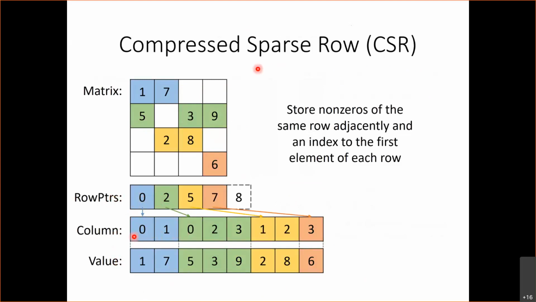So the advantage of CSR is that, given a row, it allows us to find all the non-zeros in that row, which we couldn't really do with COO. However, the disadvantage is that it becomes harder to modify the matrix by adding new non-zeros, as opposed to COO, where adding new non-zeros is easy. You just append them at the end of the array.